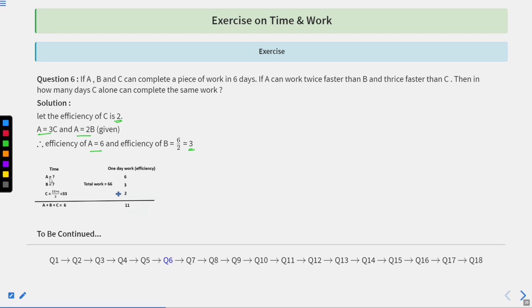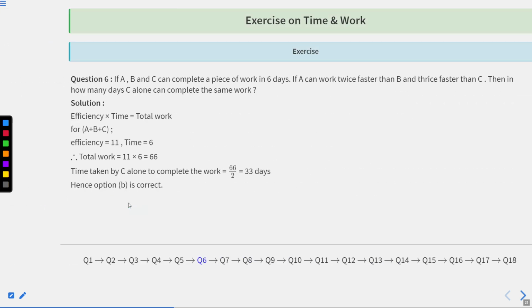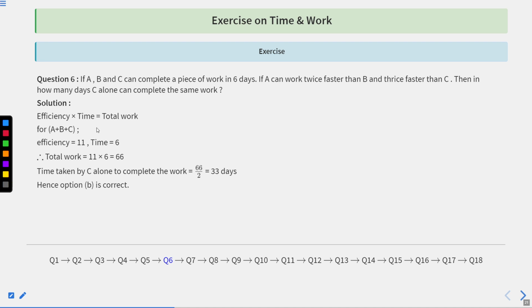So the time taken by A is unknown, time taken by B is unknown. And the 1 day work efficiency of A is 6, B is 3 and C is 2. So the combined work done by A, B, C in a single day is 11. So the efficiency into time is equal to total work.